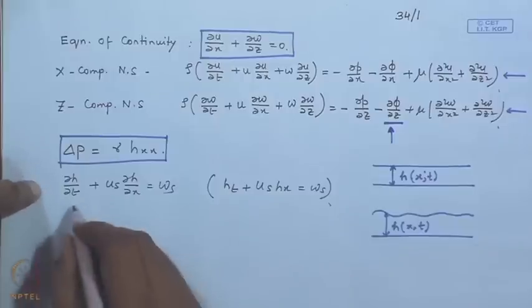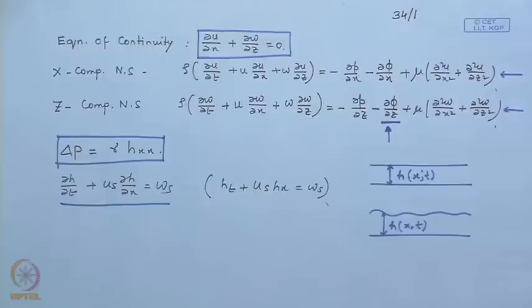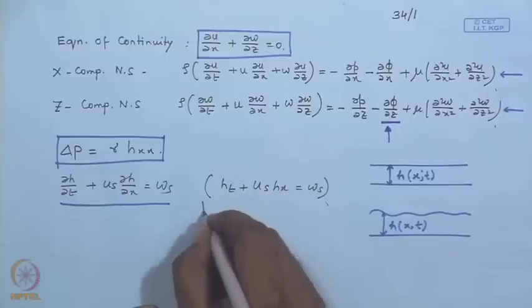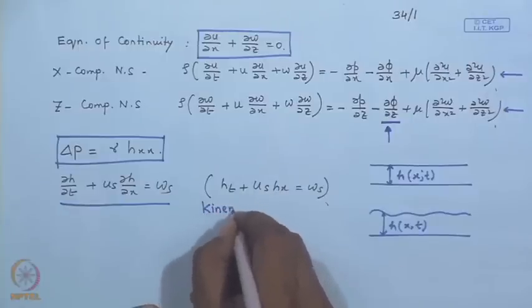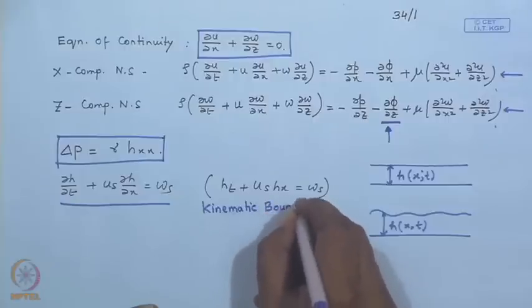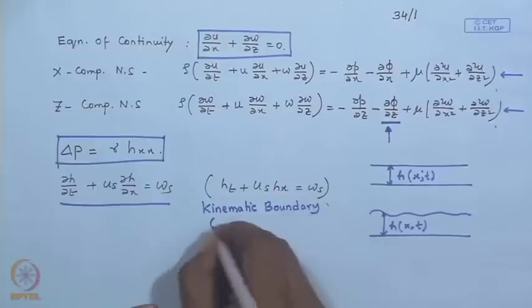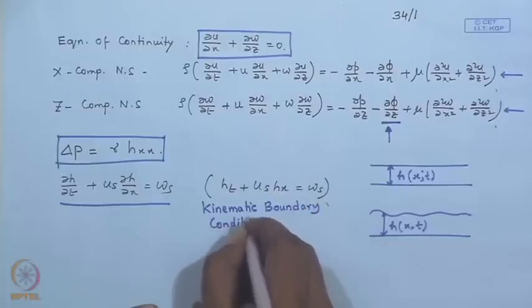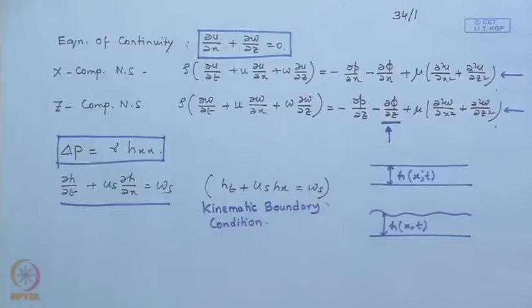And we additionally have the kinematic boundary condition, which correlates the components of velocity at the free surface.